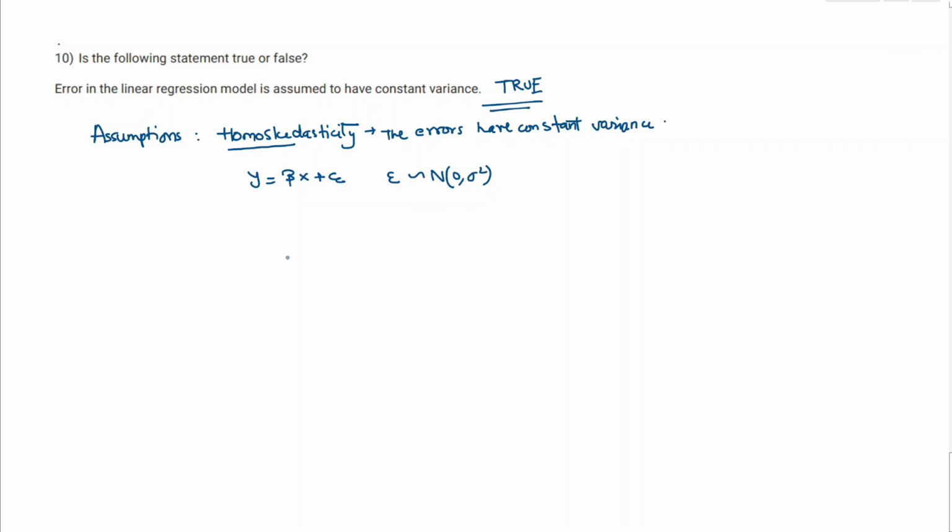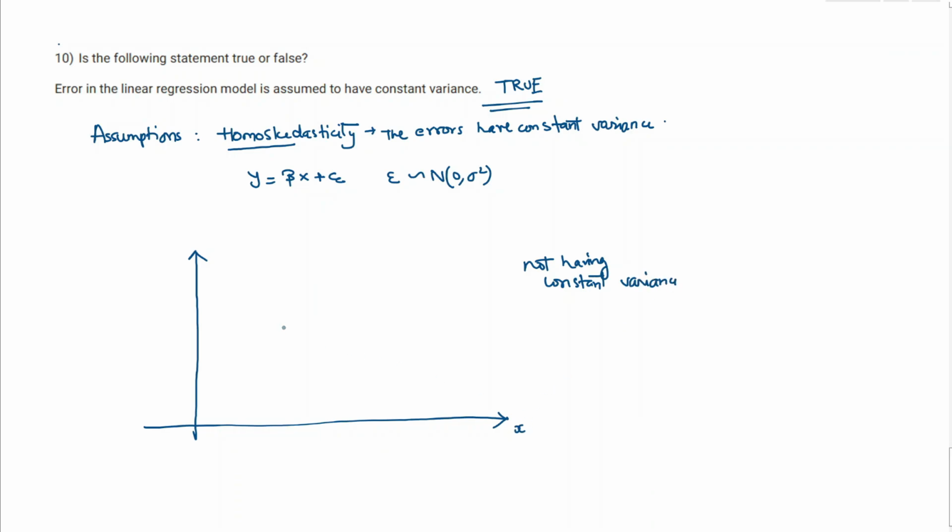Suppose that it does not have a constant variance. Then how would the data points look like? So this is a case of not having constant variance, a pictorial representation. Let me say this is x and this is the target y, and suppose we have points like this.